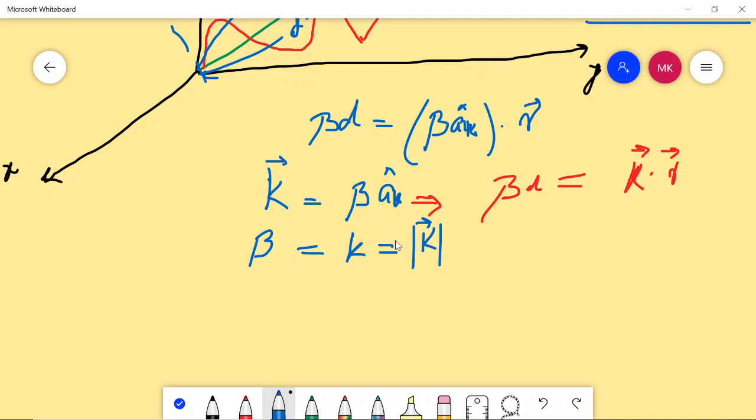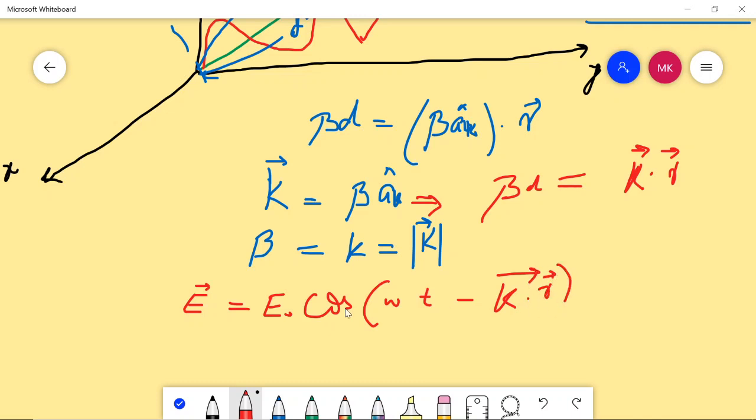So this is how you define it. Now the wave propagating in a general direction will look like this. The electric field vector will be given by E naught cos(omega t minus k dot r), where k dot r is the phase.